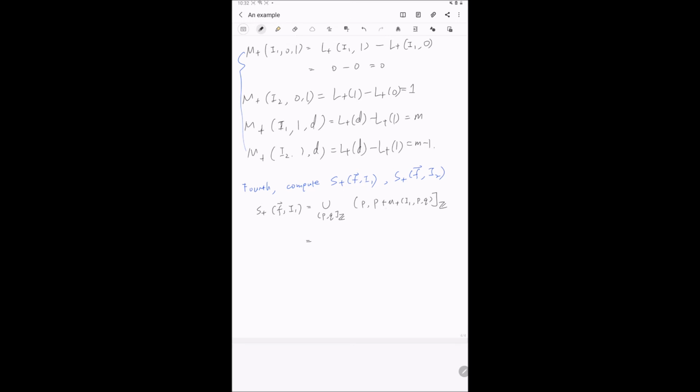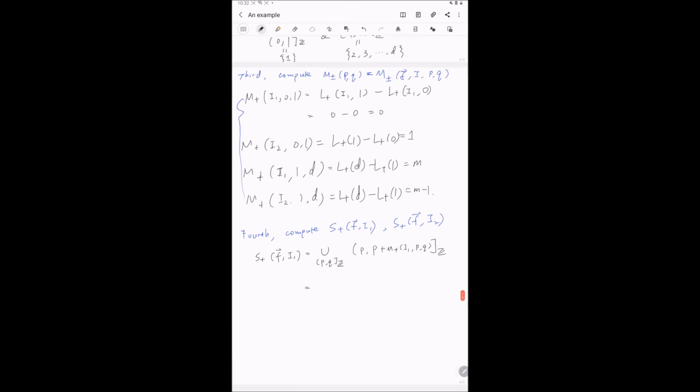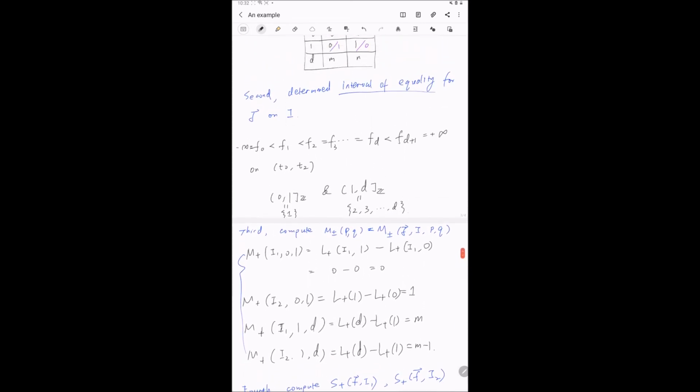Note that in this case we actually only have two possibilities. Why do we have two possibilities? We did this in our second step.